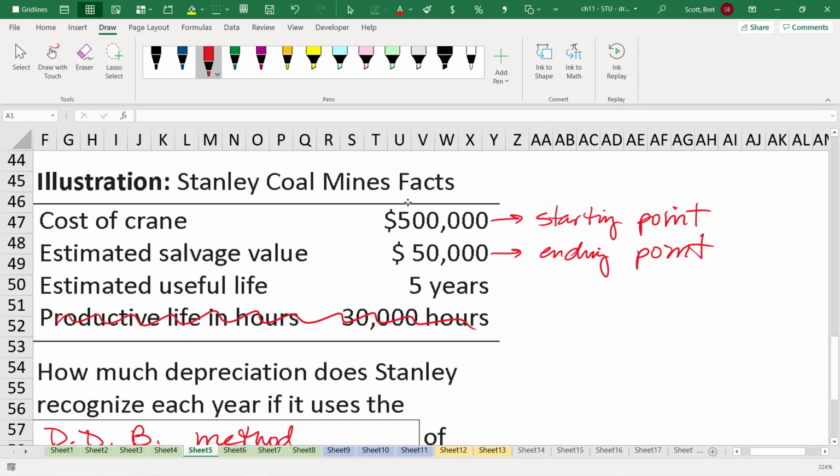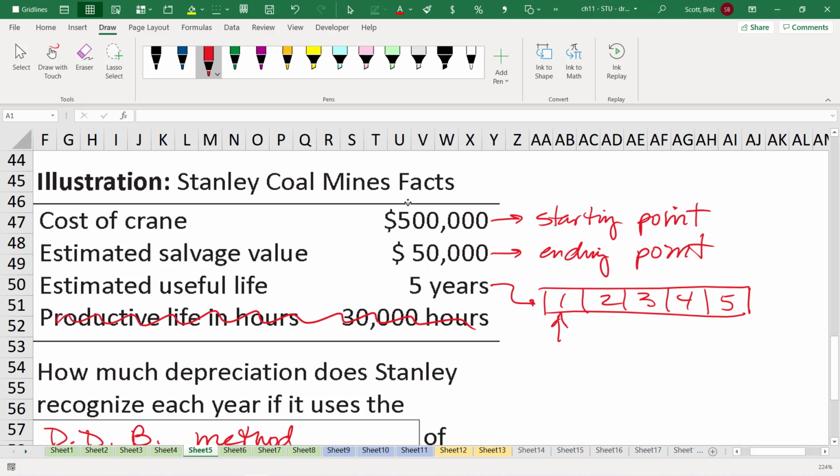The estimated useful life helps us figure out a depreciation rate under the straight line method. So think about our useful life like this. If our useful life is 5 years, okay, 1, 2, 3, 4, 5, right? Then each year, how much of the useful life is being consumed each year?